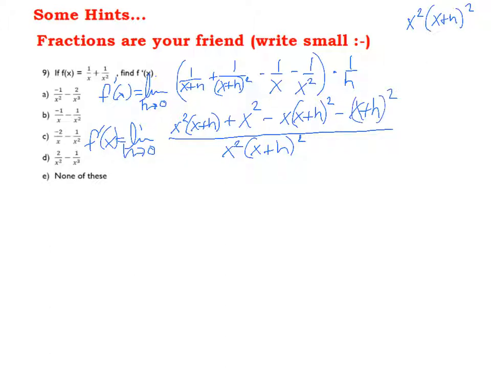And these are all already over that common denominator. And all of that is going to be multiplied by 1 over h. Got to clean that numerator up. Let's get rid of all the parentheses. So the derivative is equal to the limit. I have not evaluated the limit, so the limit stays put. I'm going to distribute my x squared.